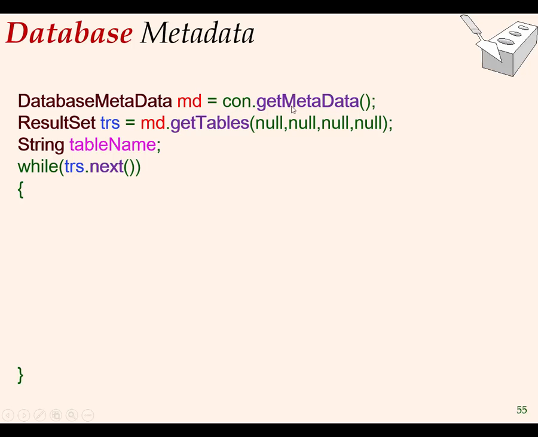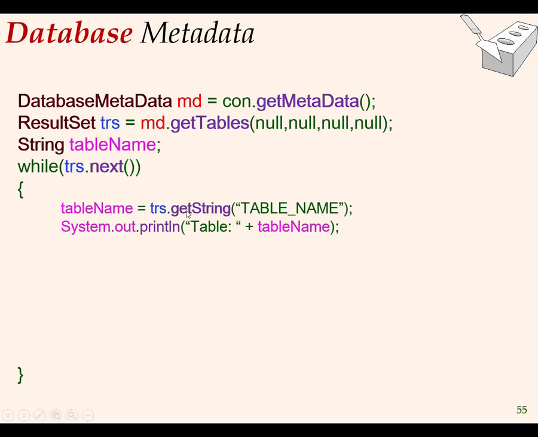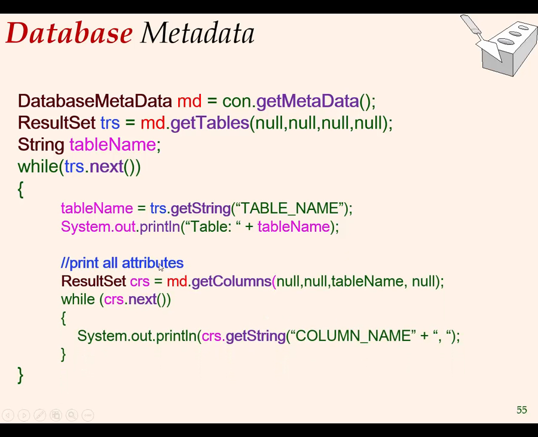So with getMetaData, I can get the tables, and here's the table name, and I can go in a while loop while next, and these are my tables, right? So I'm going to retrieve the first table, and I'm going to display it. Another thing, you can print the attributes of the tables. So you use getColumns, and these are the columns, and you go in a while loop. While there's some, you can call getString, and you can spit out the column names.